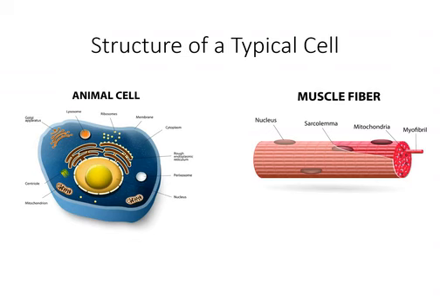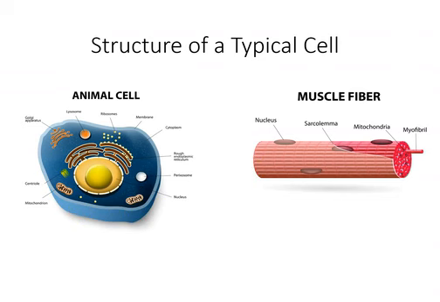You probably studied this before, but I want to point out a couple things here. One is on the left, what you see is this typical cell. This is how you see it drawn in a biology textbook. But realize a muscle cell, and that's where we're actually going, right? Because when we talk about exercise, we really look at skeletal muscle.